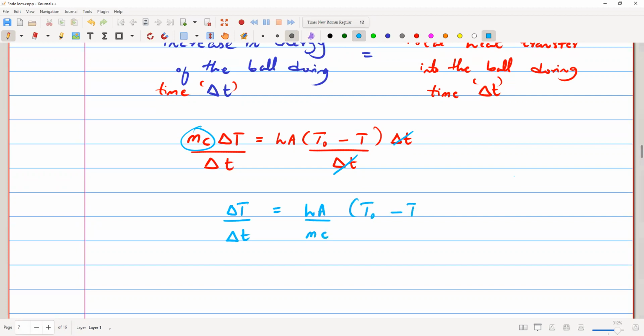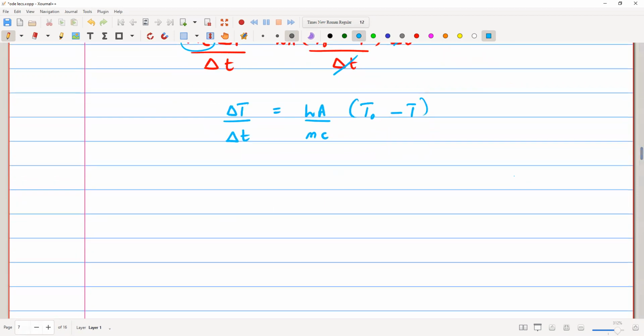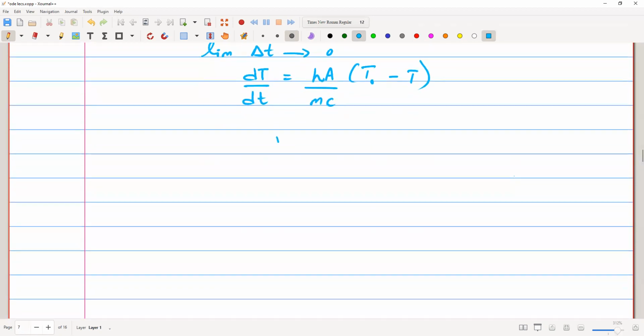Now by simplifying this equation and taking the limit delta t tends to 0, it will give us dT over dt, that is the instantaneous change, equals HA over MC times T naught minus T. For this HA over MC, we can take it as lambda, that is a constant.